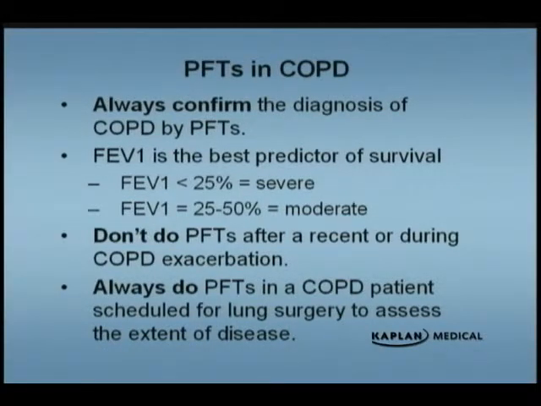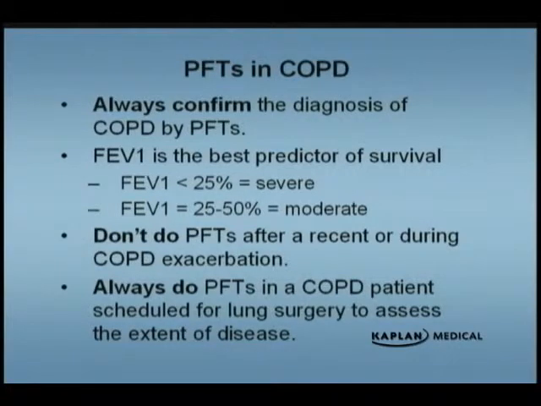Schedule for lung surgery to assess the extent of disease. Remember, we started this talk with the pulmonary function test and saying a lot of patients with lung disease, when they go for surgery, take a patient with cancer, they're smokers, so they have COPD. What do you have to do before you decide on surgery? Well, you have to do pulmonary function tests.